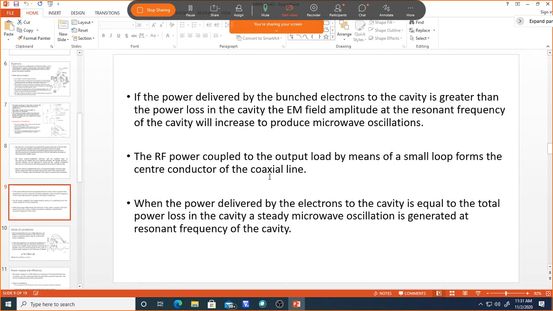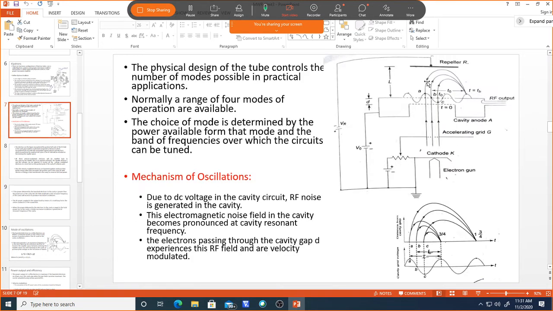The coaxial cable is used for the collection of the RF power from the cavity. So this is the mechanism of oscillation in the reflex klystron, and how the power is collected at the cavity and the microwave oscillations are generated.